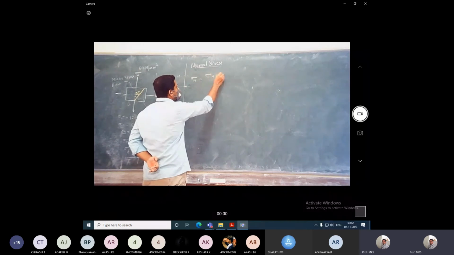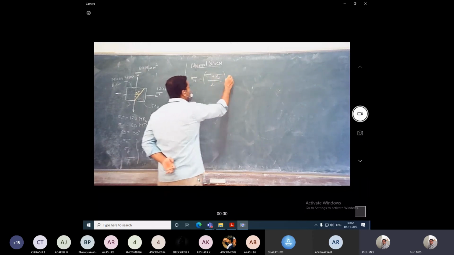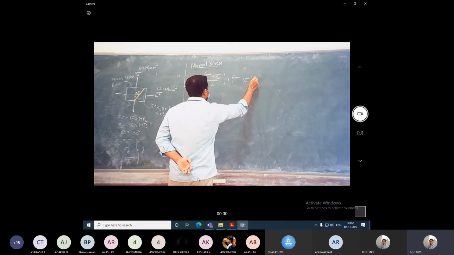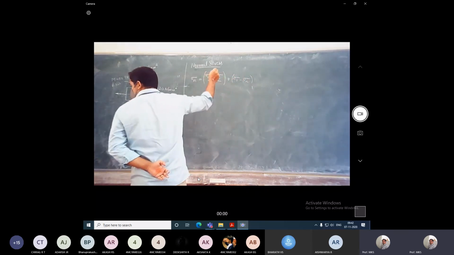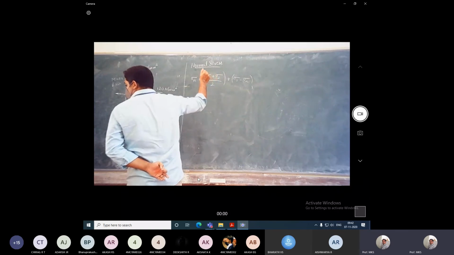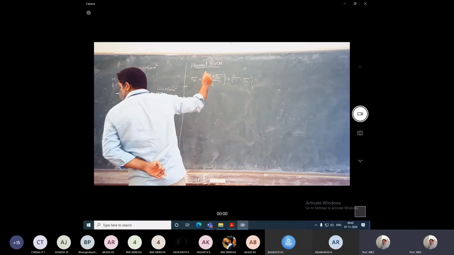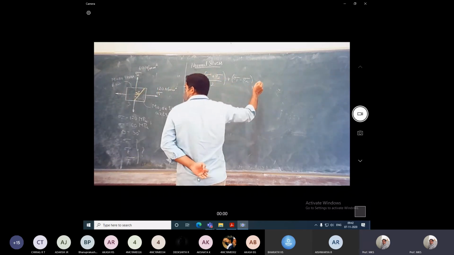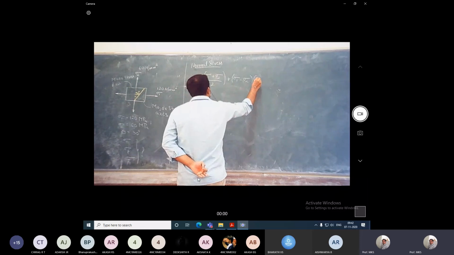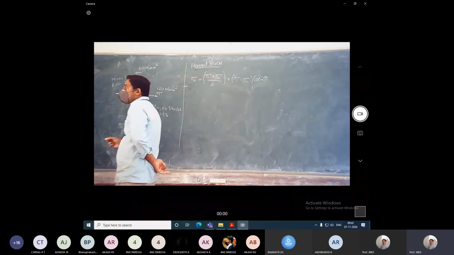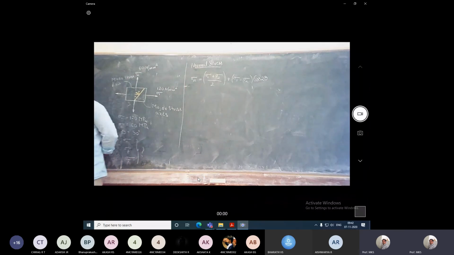Sigma 1 plus sigma 2 by 2 plus sigma 1 minus sigma 2 by 2 into what? Sin theta or cos theta? It is cos 2 theta.